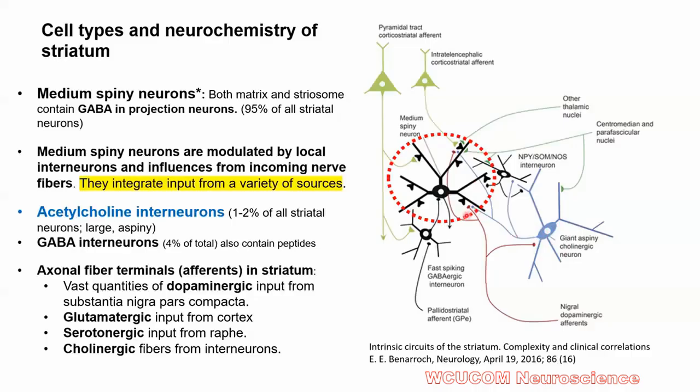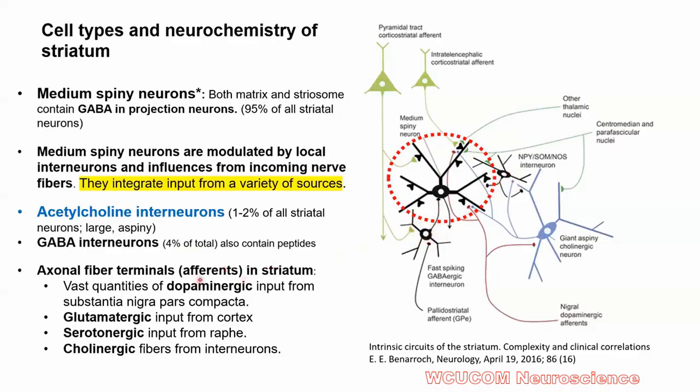And likewise, GABA interneurons, which make up 4% of total cell population, also exist, such as here and here. And in these cases, GABA often colocalizes with various neuropeptides.